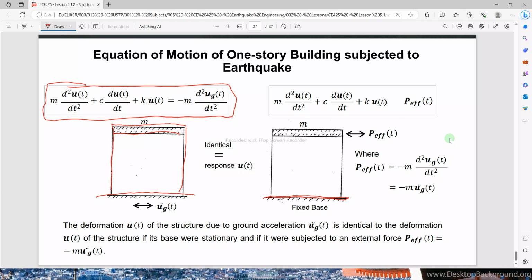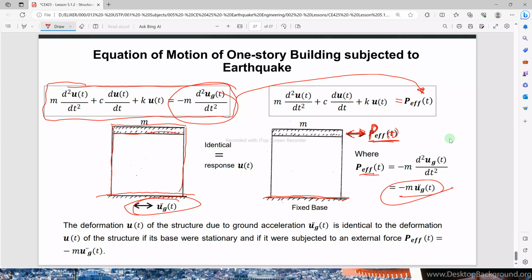It is similar sa building nga wala siya ground acceleration but na kay applied nga effective force P effective as a function of time, and then it moves on both the lateral direction. So kani siya, this will become our P effective. So same lang siya nga concept ana, where P effective is equal to negative m times the ground acceleration. So this is the equation of motion of a one-story building subjected to earthquake.